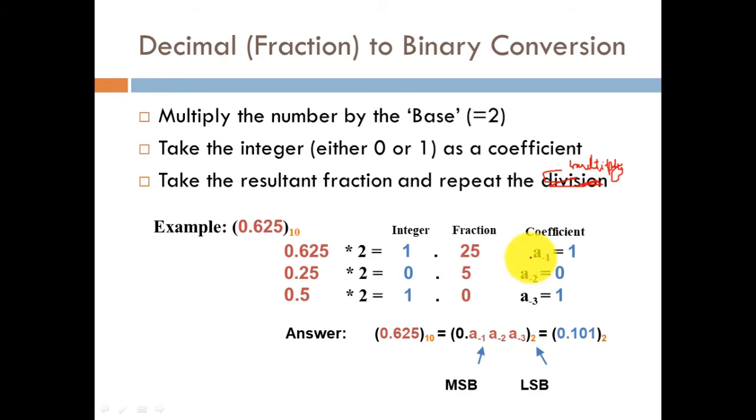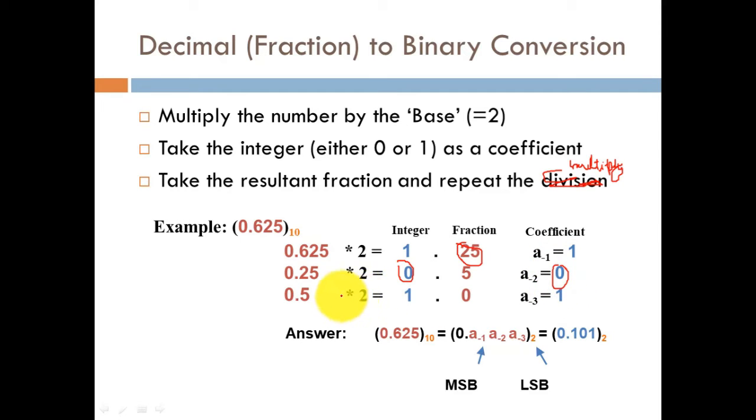Then in the next step we take this fraction, that is 0.25, and it gets multiplied again with the base, or you could say the value 2. That turns out to be 0.5. So its integer part is equal to 0 and its fractional part turns out to be 0.5. Again we write down the integer as the coefficient, a of minus 2, which turns out to be 0. So this 0 we have written here.